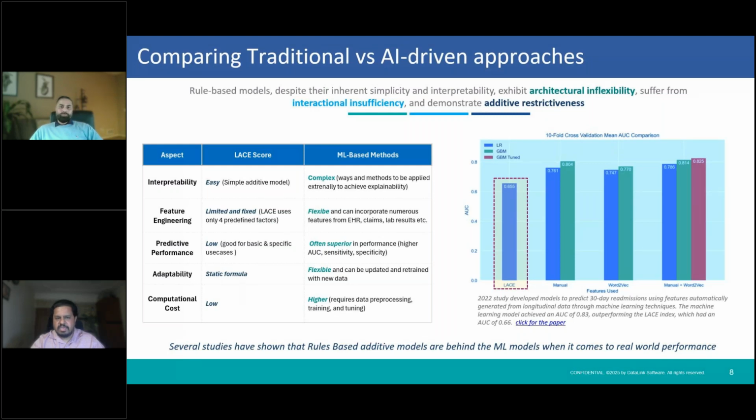Finally, it comes down to the computation cost. Now, computation cost on the rule based models is pretty low because they are rules. It's like if and else statements. You can apply n number of if and else statements without going after your machines, right? But for the machine learning models, it requires higher compute for training, higher compute for predictions, and all these things are there.